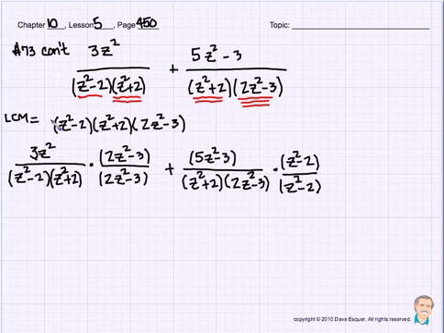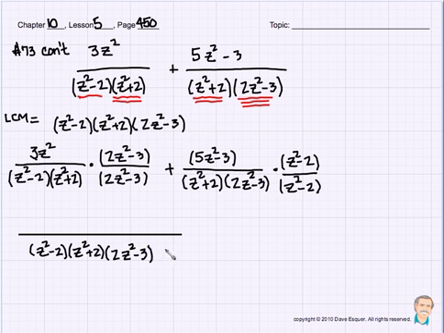And you can see our denominator now is what we needed to have as our least common multiple. So we end up with, let me use a ruler, our denominator as z squared minus 2, z squared plus 2, and 2z squared minus 3. I'm going to have to make my line a lot longer.